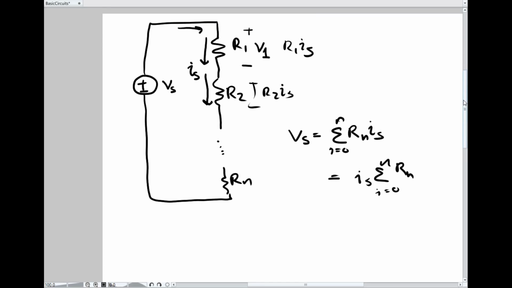And so the current, I source, is just V source divided by the sum of my resistances. And I, of course, made some mistakes here. I made my subscript i, and then I made my subscript n.